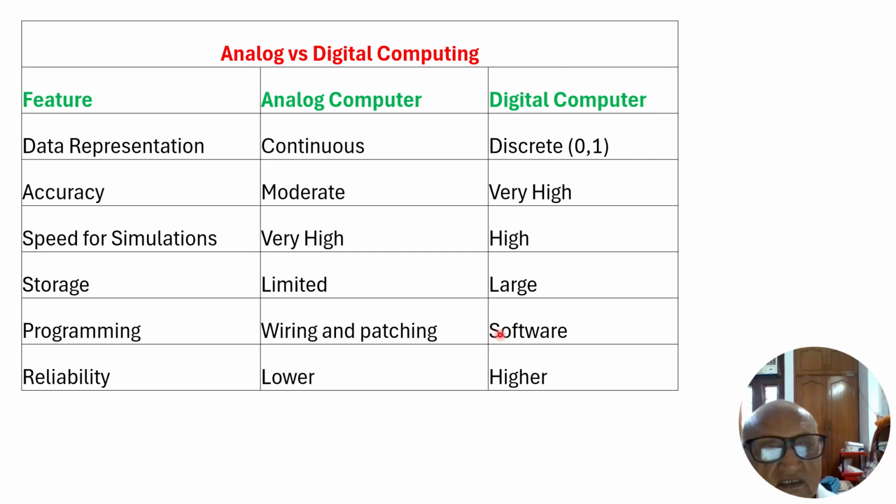Programming in digital computer is done through some software. Reliability, the sixth feature: analog computer lower, in digital computer it is higher.